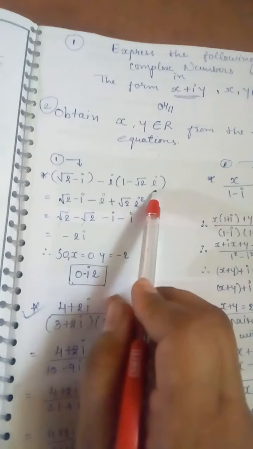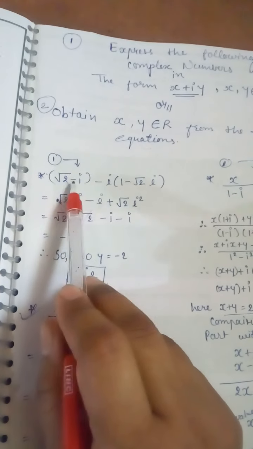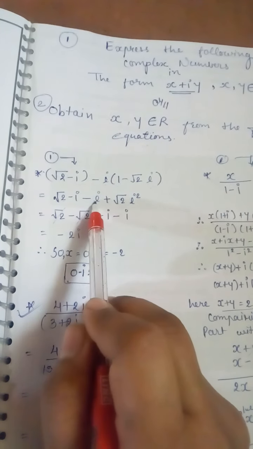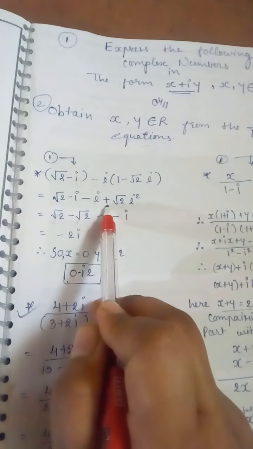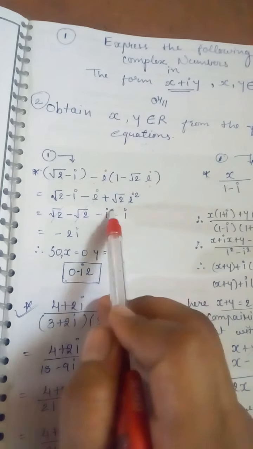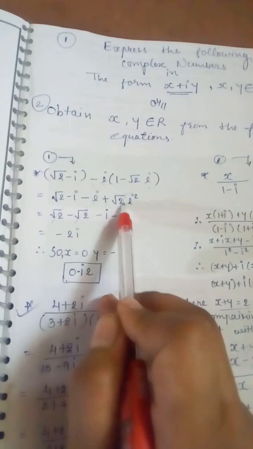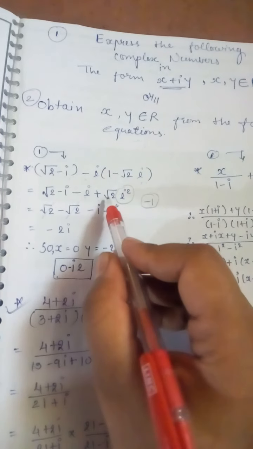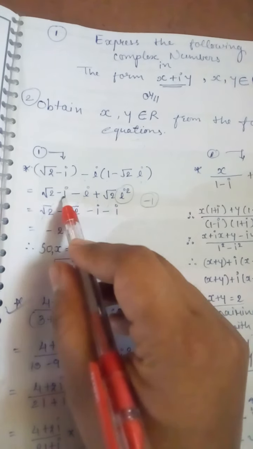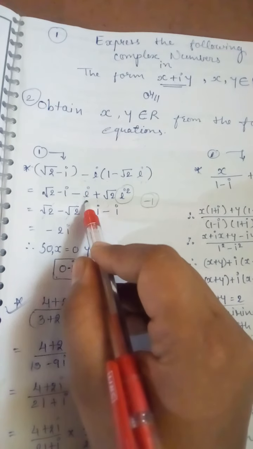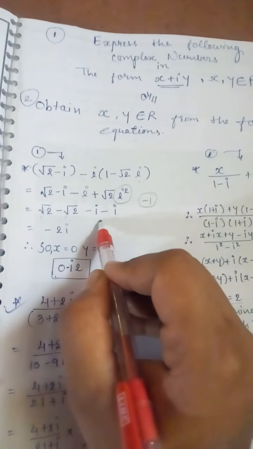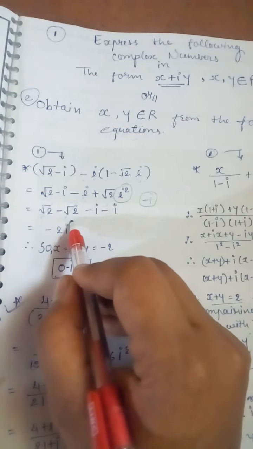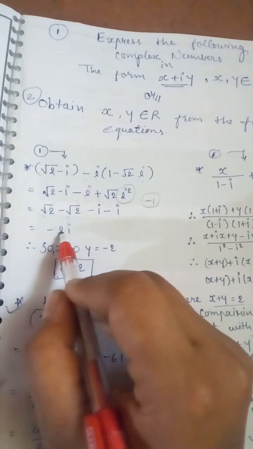Now if we open these brackets, it will be 2 root 2 minus i, into 1 will be minus i, plus i square root 2. We know that i square always gives the value minus 1, so root 2 will become minus. 2i terms are present, both are minus so they will be added, and this root 2 and this root 2 have opposite signs so they will cancel out, and the answer will be minus 2i.